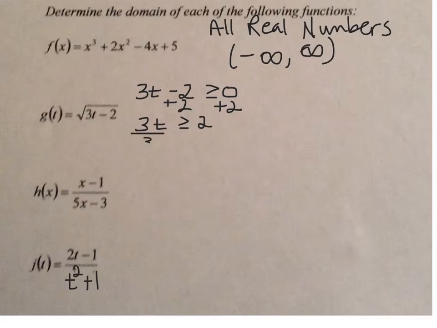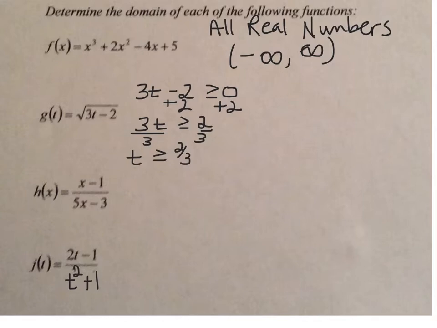If I divide by 3, I get t is greater than or equal to 2/3. That means as long as the value that I put into this function is greater than or equal to 2/3, then I'm good. So I can say all numbers as long as those numbers are bigger than or equal to 2/3.